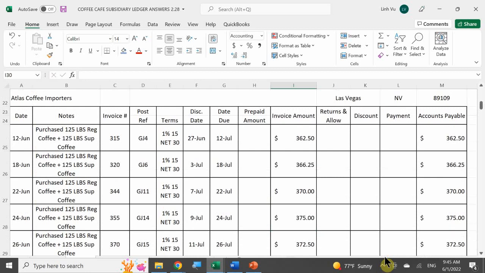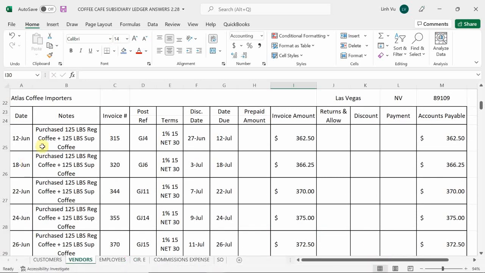Now let's take a look here. What can I expect? I still have the opportunity to make a payment by the 27th of June in order to receive a 1% discount for this batch of inventory, or I have until July 12th.